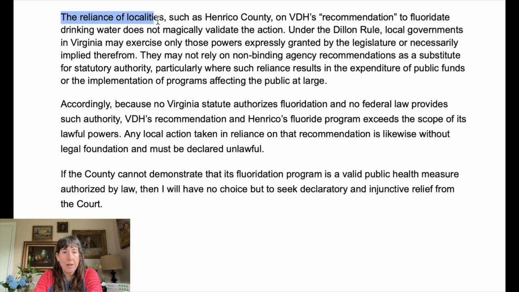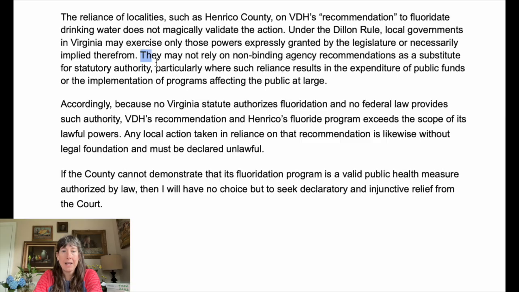The reliance of localities such as Henrico County on VDH's recommendation to fluoridate drinking water does not magically validate the action. Under the Dillon Rule, local governments in Virginia may exercise only those powers expressly granted by the legislature or necessarily implied therefrom.